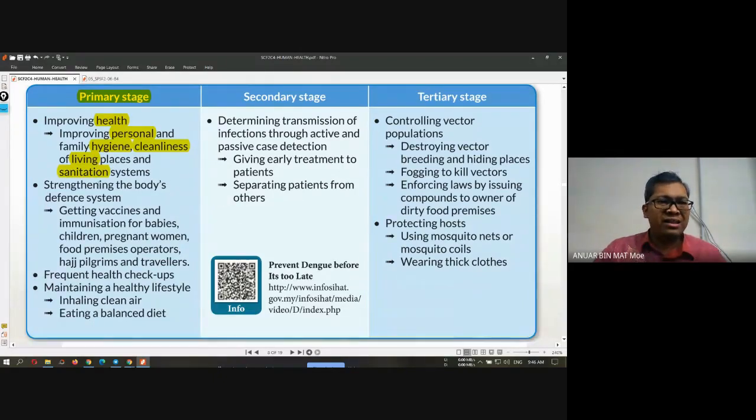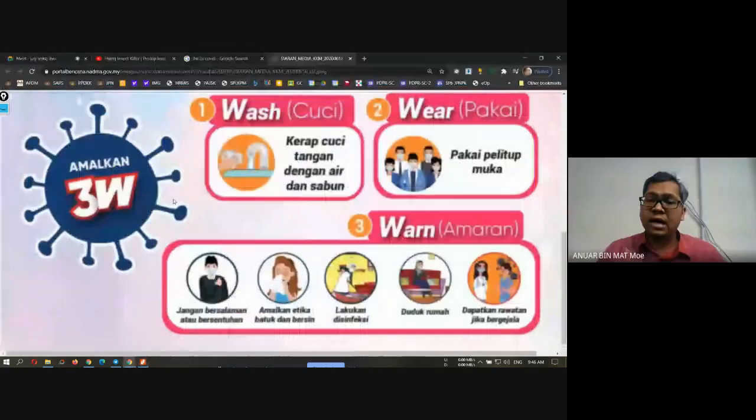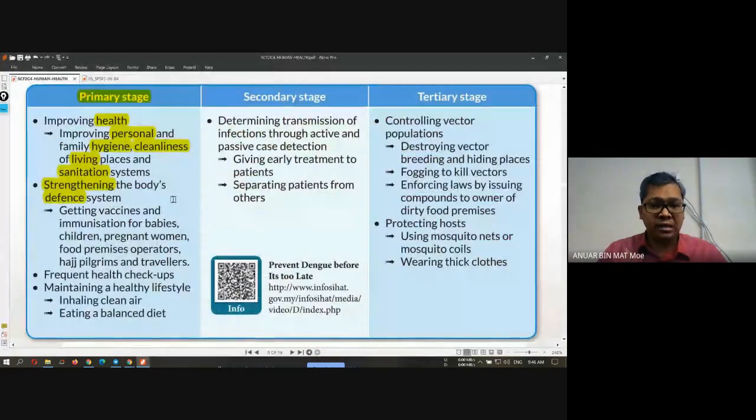Number 2, strengthen our body defense, meaning what? Eat healthy. Maybe you can take supplements, or you eat a balanced diet. Because why? We want our body healthy, and if our body is healthy, hopefully any disease that comes to us, we can fight it.